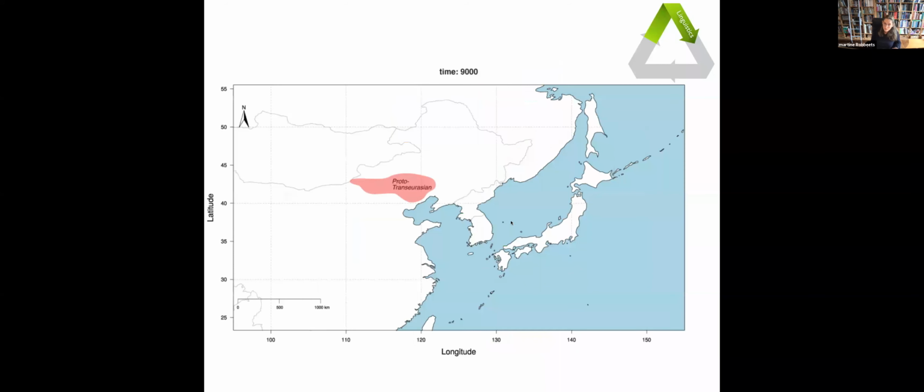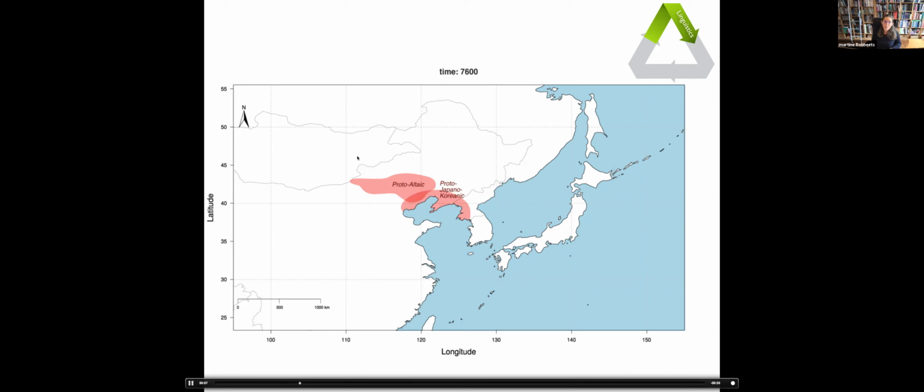We also applied Bayesian phylogeography on our languages, and we found that it nicely converged with the results of more classical methods such as the diversity hotspot principle and cultural reconstruction. We situated the homeland of Proto-Trans-Eurasian here in northeast China in the West Liao River area. And from there, first Proto-Trans-Eurasian split into Altaic and Japano-Koreanic.